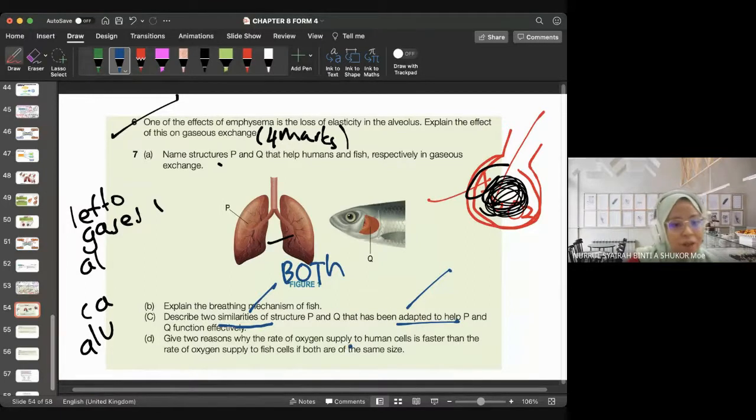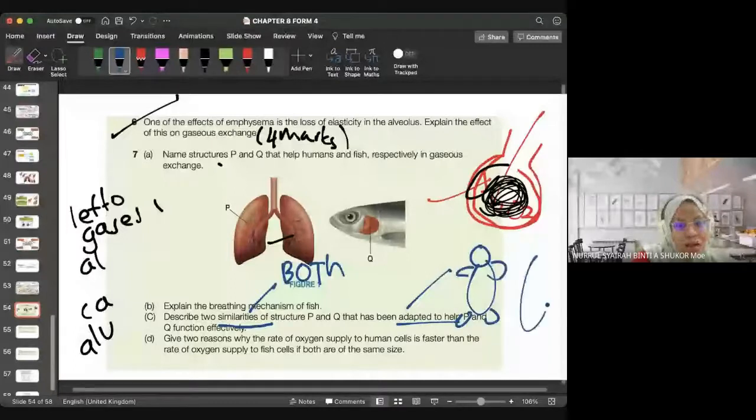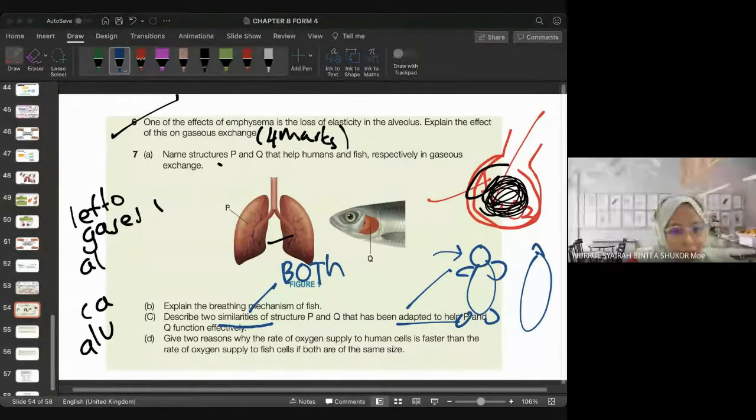Give two reasons why the rate of oxygen supplied to human cells is faster than the rate oxygen supplied to fish cells if both are the same size. So like us, compared with the fish, same size. Why do we get oxygen faster compared to fish? Because humans, who is the answer? Sorry, it should be number 7, who should answer?